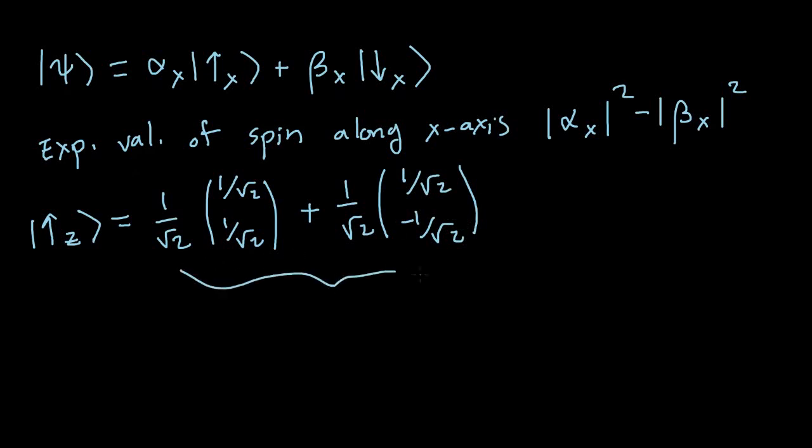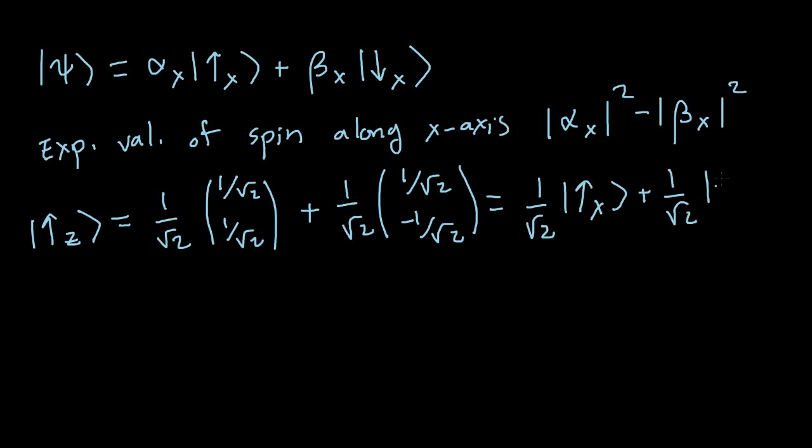Because this whole thing is just the vector with components 1 and 0, and that's just the up state in the z direction. Anyway, it's no secret that this is just 1 over root 2 times the spin up state in the x direction plus 1 over root 2 times the spin down state in the x direction.